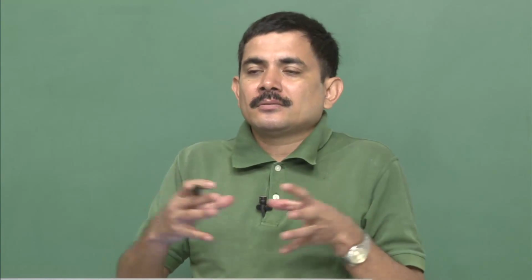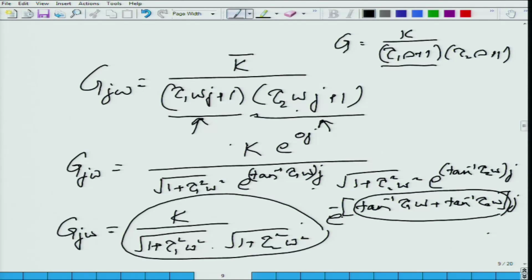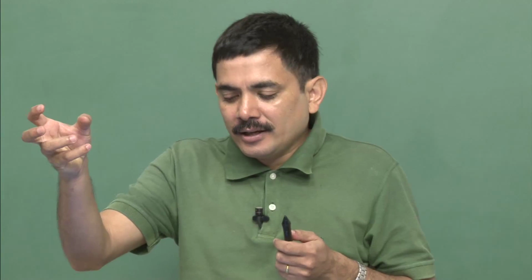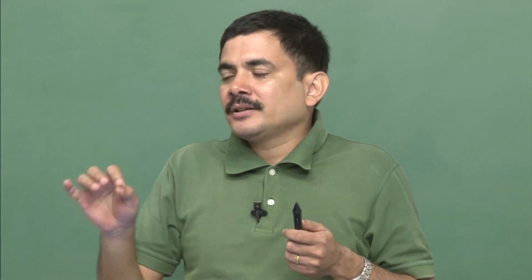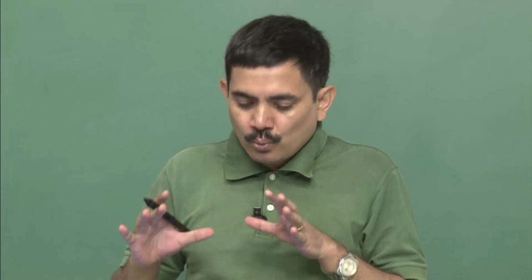On the other hand, if you deal with a polar system, then the magnitude becomes simply the multiplication or division of the complex numbers, and the angle becomes the sum of the angles of the respective complex numbers. If the complex number is in the numerator, the angles get added. If the complex numbers are in the denominator, the angle becomes negative. That is all, right.